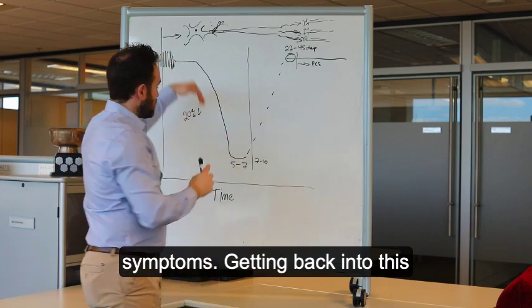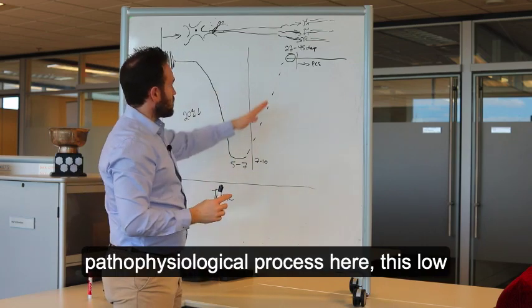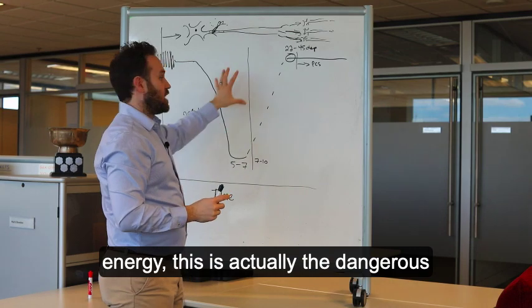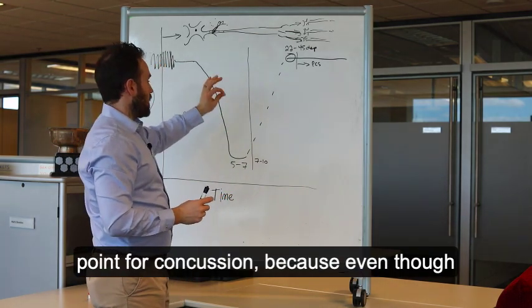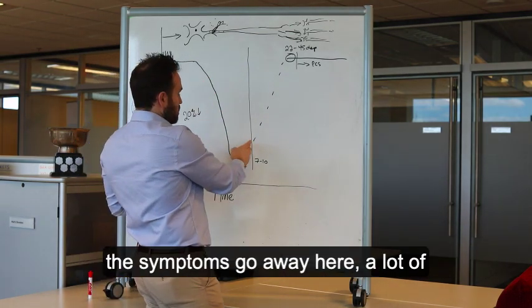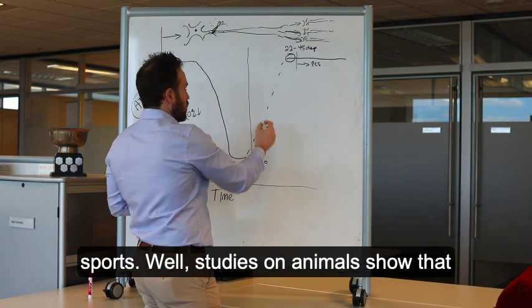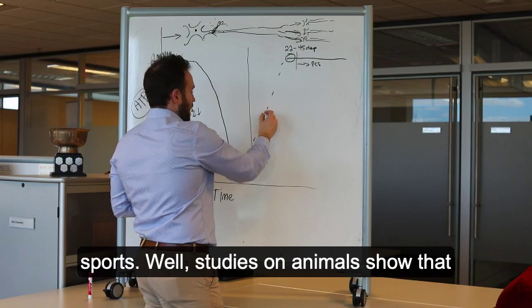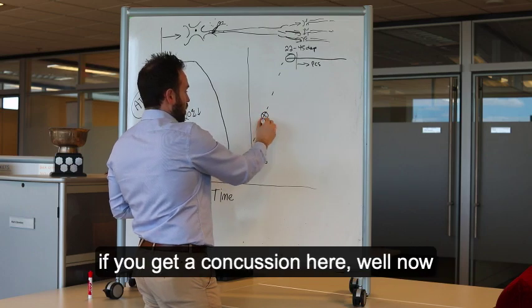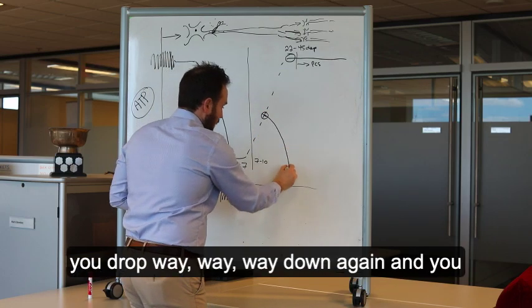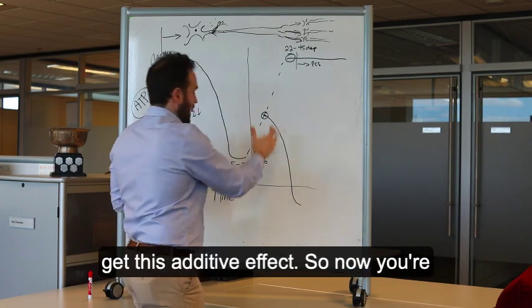Getting back into this pathophysiological process here, this low energy, this is actually the dangerous point for concussion. Even though the symptoms go away here, a lot of people go back and try to play their sports. Well, studies on animals show that if you get a concussion here, now you drop way, way down again, and you get this additive effect.